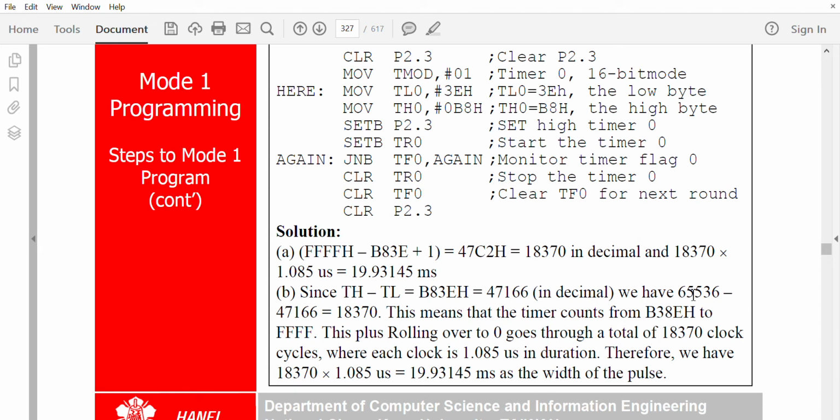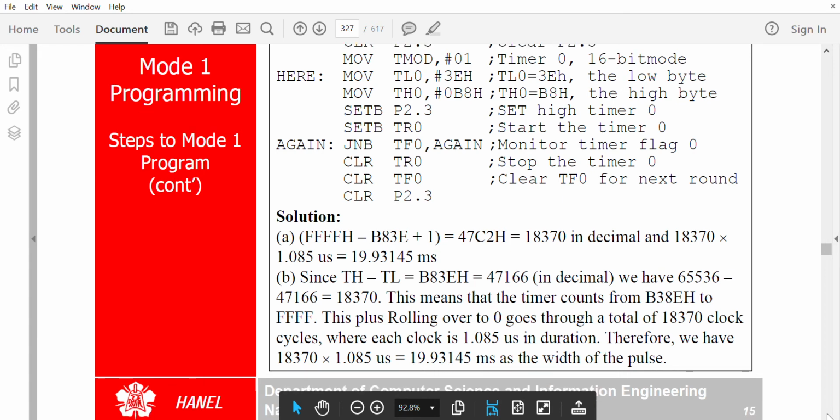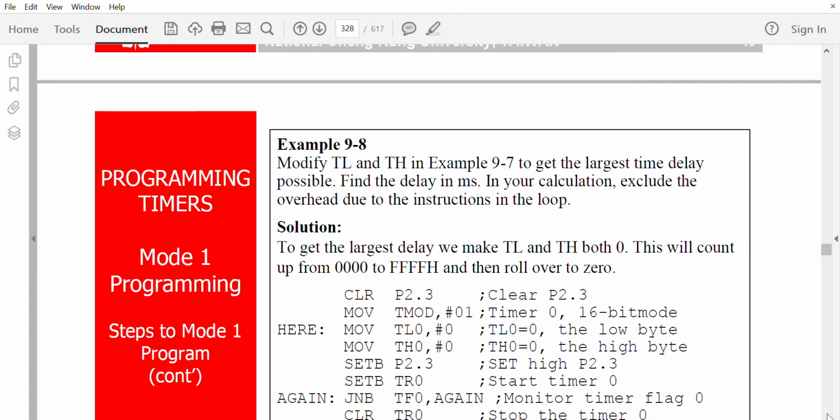So 65536 minus 47166 is 18370, into 1.085, the same value. So just understand the logic of how to compute the delay, and you can compute it for any program.